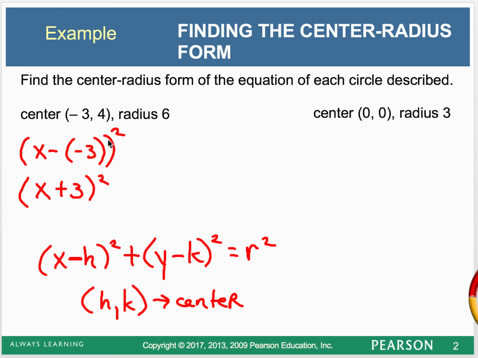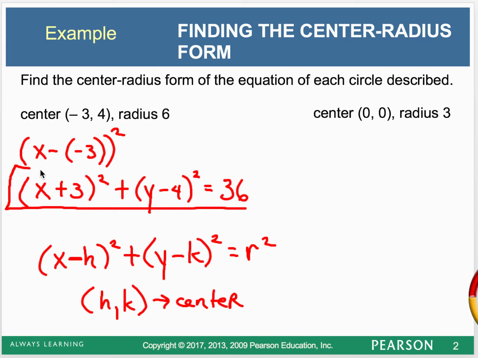So notice this is how that would wind up. Now, we've got plus (y minus 4) all squared equals, and 6 squared is 36. There's the center radius form of the circle with these specifications.